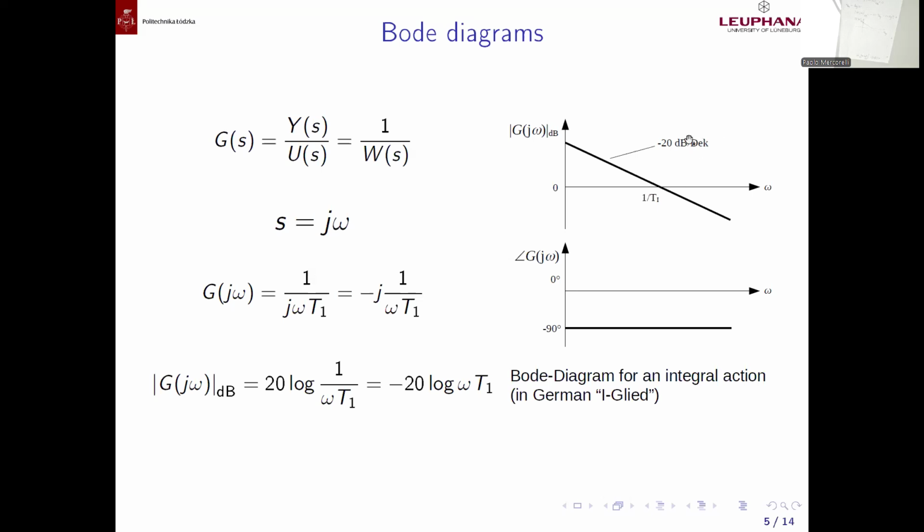But in accordance that this omega here is basically a logarithmical form, and the logarithm is base 10. This means the slope is minus 20 decibel per decade. Decade means, if the base is 10, I go down 20 decibel each decade.